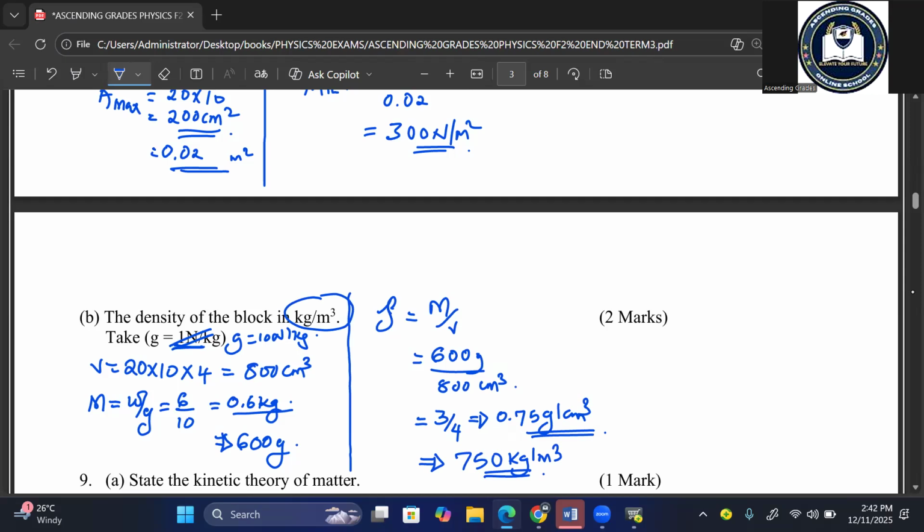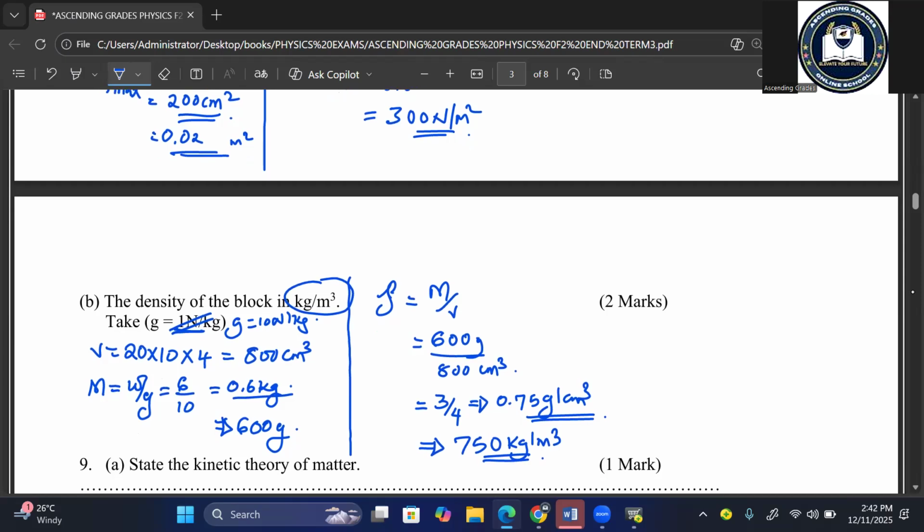It is easier to work with grams per cubic centimeters, then you convert them back to kilograms.